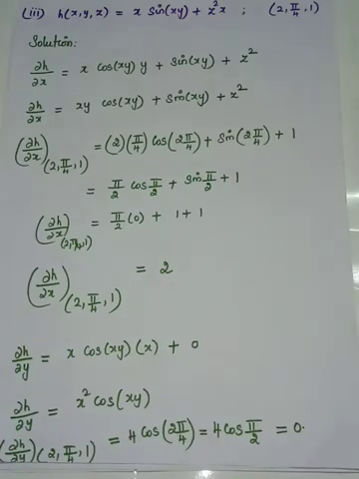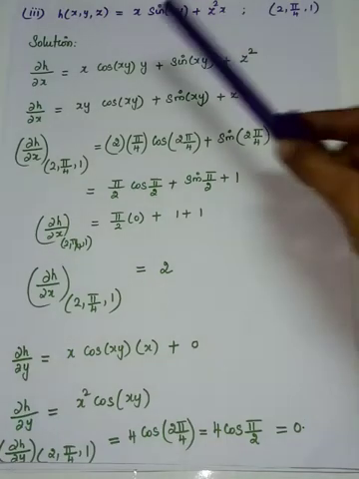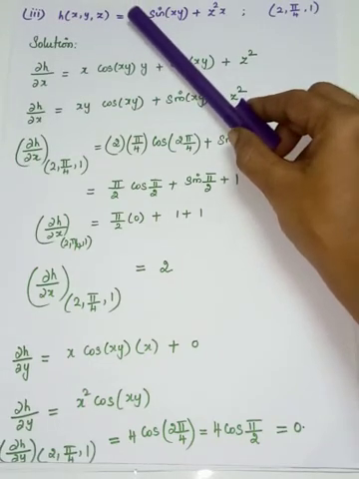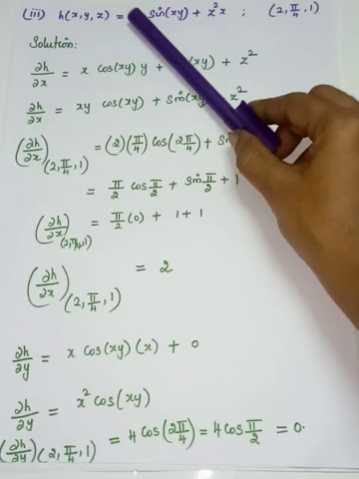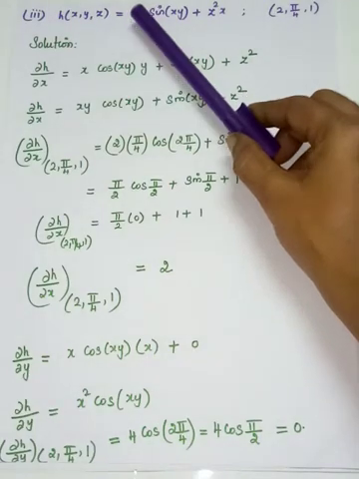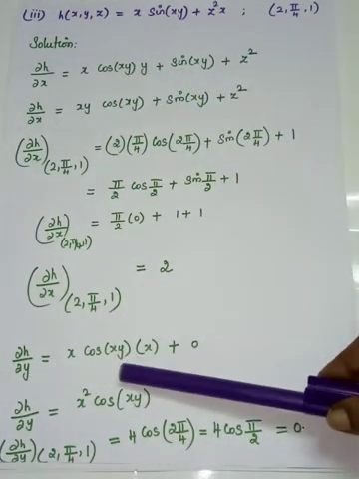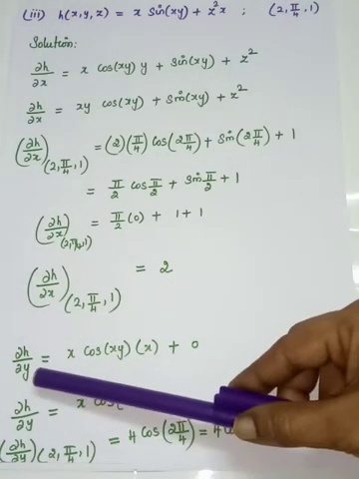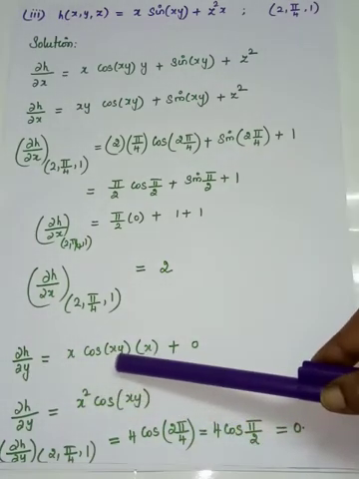Here we are not going to use the product rule because x is a constant. So if x is taken out, the remaining only one term, sine of xy, has to be differentiated partially with respect to y. Okay, using chain rule, sine of xy differentiation is cos of xy, and this xy has to be differentiated partially with respect to y. So in xy, what is the constant?